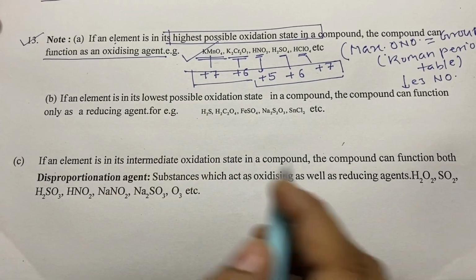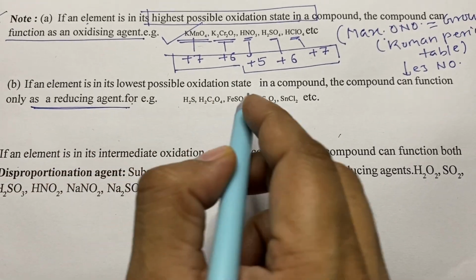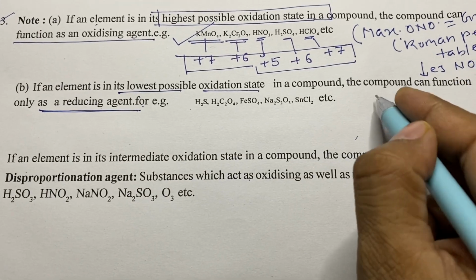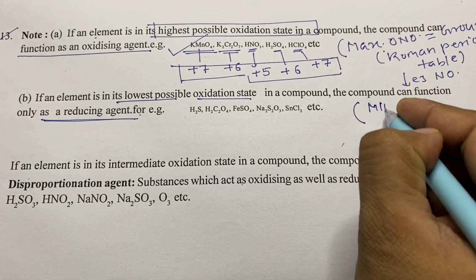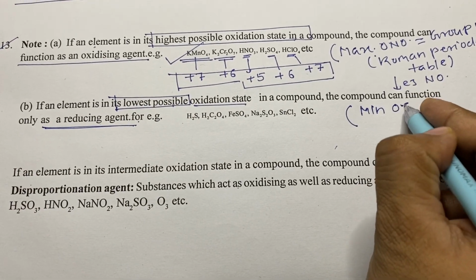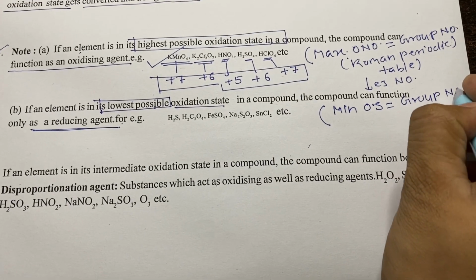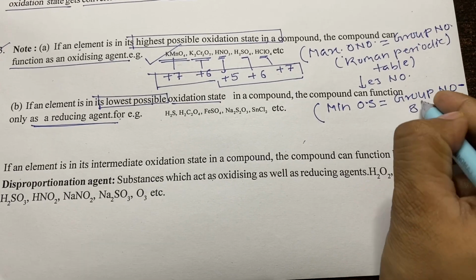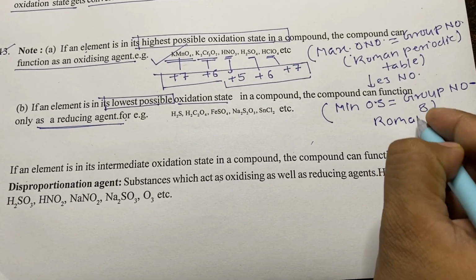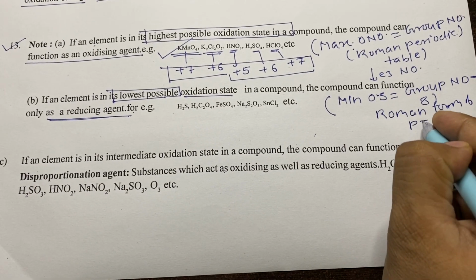Now how can we identify the reducing agent? You know that in the reducing agent, the element is present in the lowest possible oxidation state, and it is to be noted that we are saying lowest, not the minimum. So minimum oxidation state will be equal to group number -8, according to the Roman form of periodic table.